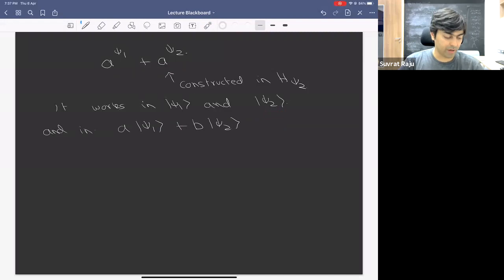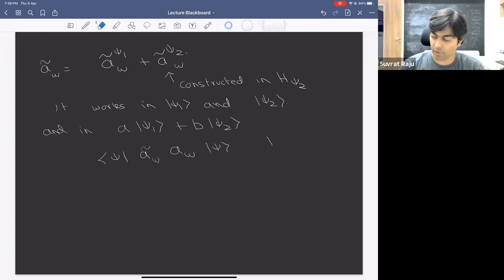And the reason for that is that if you were to compute, sorry, I should have written mirror operators, sorry. If you were to compute the correlator of this mirror operator with an ordinary operator in a state where psi was equal to a psi1 plus b psi2, then you would find two terms.